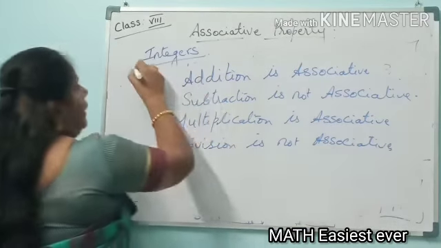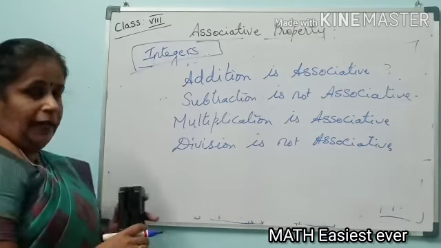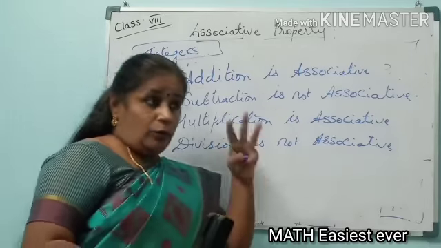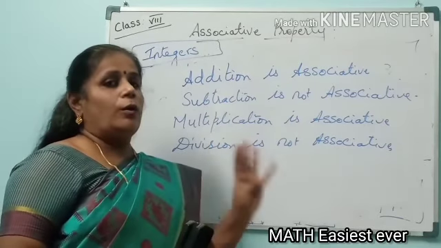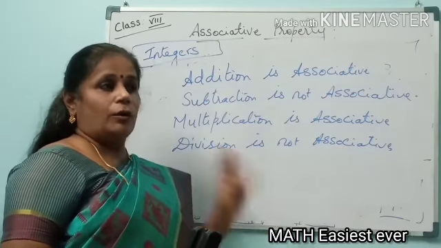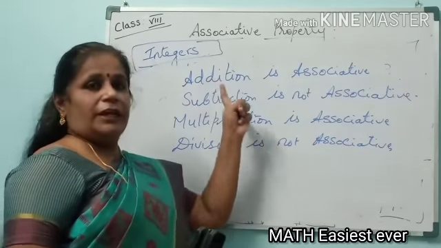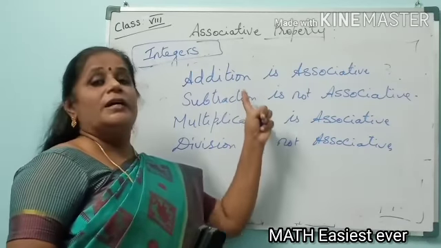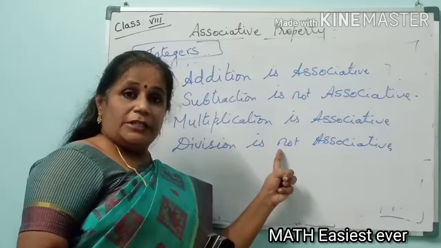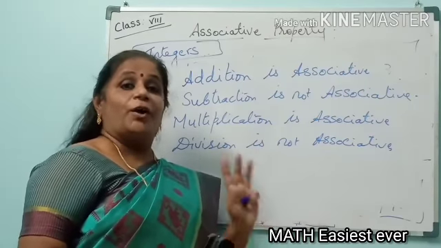This is for integers. So you always practice with your own examples. Give your own examples for A, B, C integers and practice and check whether addition is associative, subtraction is not, multiplication is associative and division is not associative.